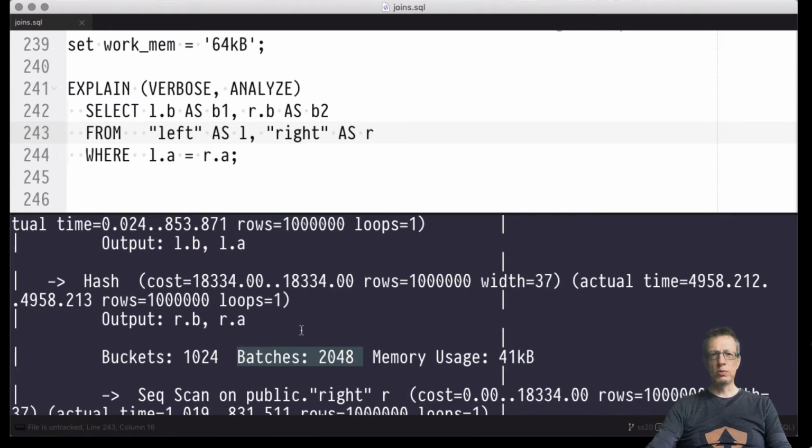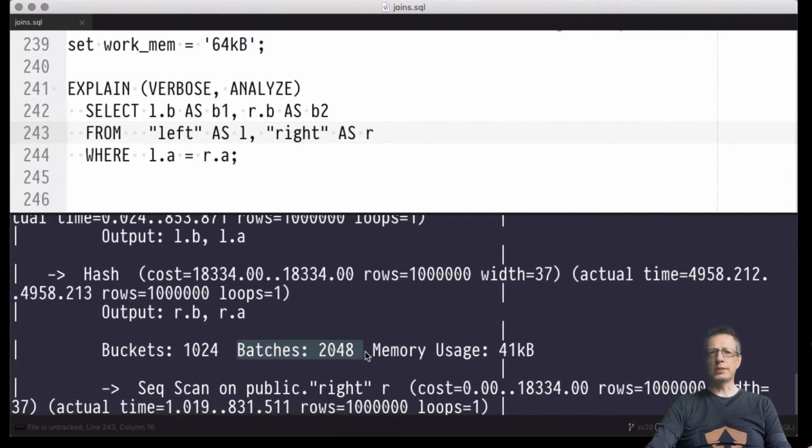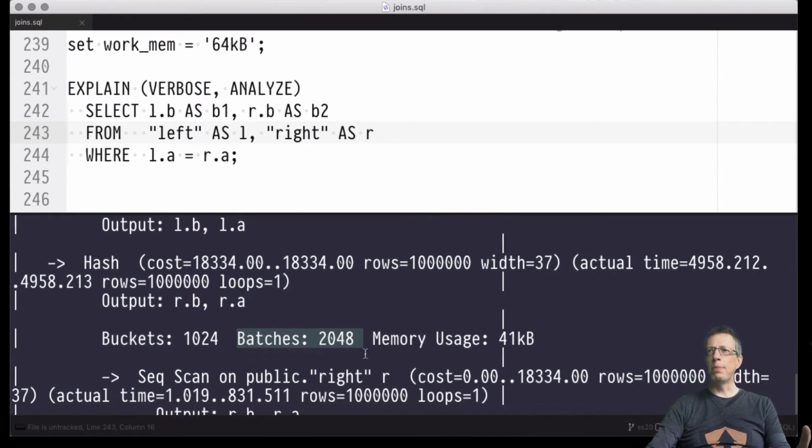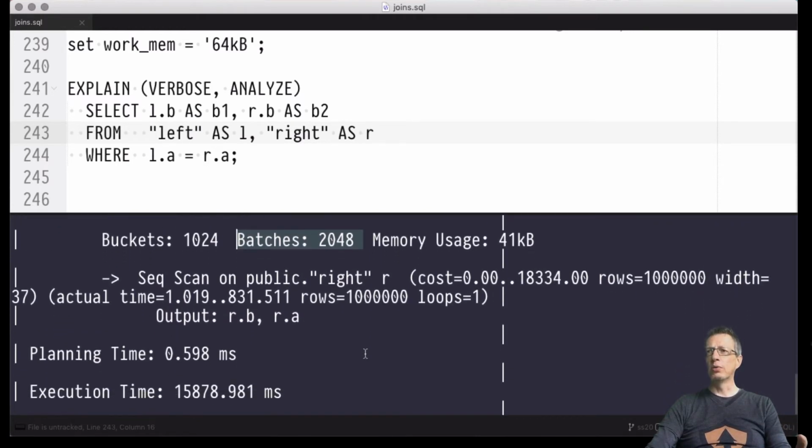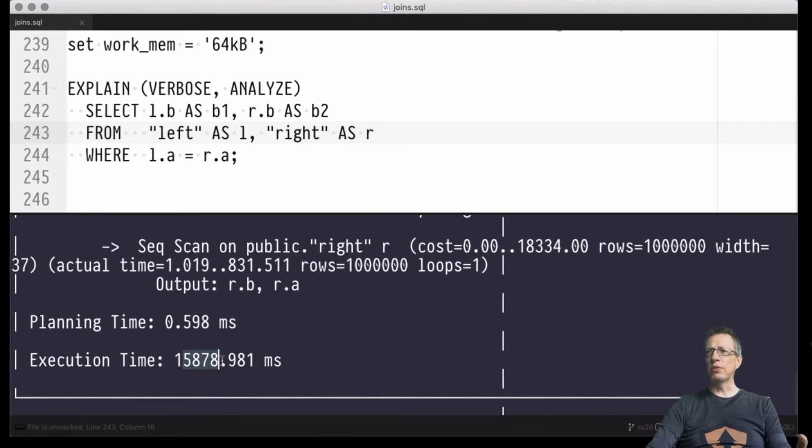And as you will learn when we look at hash join, this points to a high number of iterations, repeated reading and writing of buffers in the operation of the hash join, which really has some severe performance impacts here. Okay, so under low memory requirements, hash join really struggles, as we can also see in the overall execution time here.